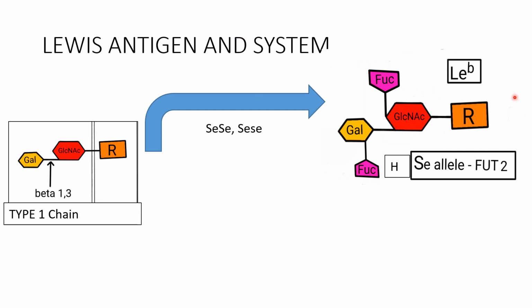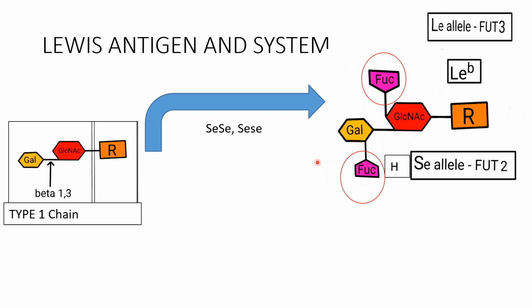This will also act on this chain, and it is going to add another sugar on the subterminal sugar. This condition where two fucose sugars are added on the type 1 chain is known as the Lewis B antigen.